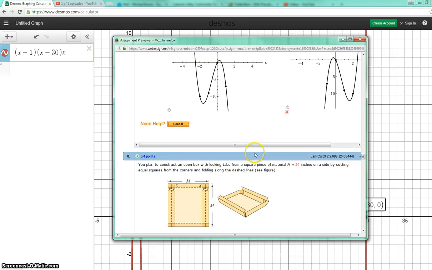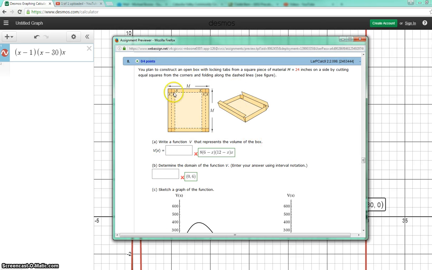Also for number 8, oh, I love these problems, these box problems. Let's set this up. So you plan to construct an open box with locking tabs from a square piece of metal, so M is 24, on a side by cutting equal squares from the corners and folding along the dashed lines. So we're cutting these squares out, right?